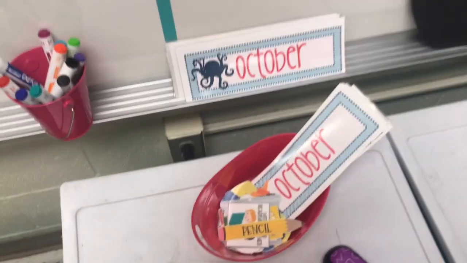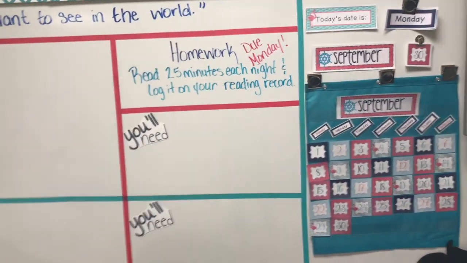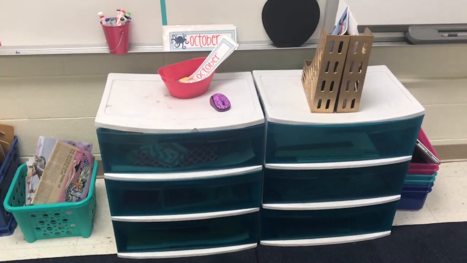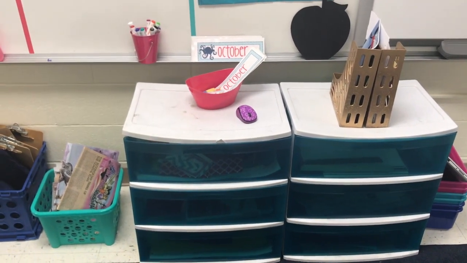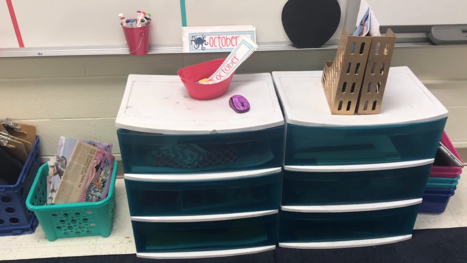And then I also have my supplies for my students, so that they know what supplies they need each day. This is filled with different decoration pieces that I haven't used, or just things I've used in the past and I just needed a place to put them.